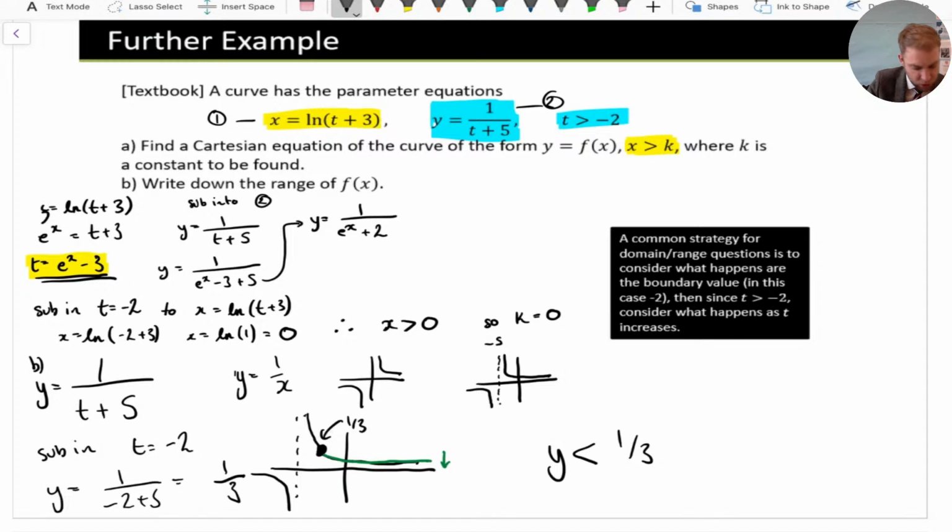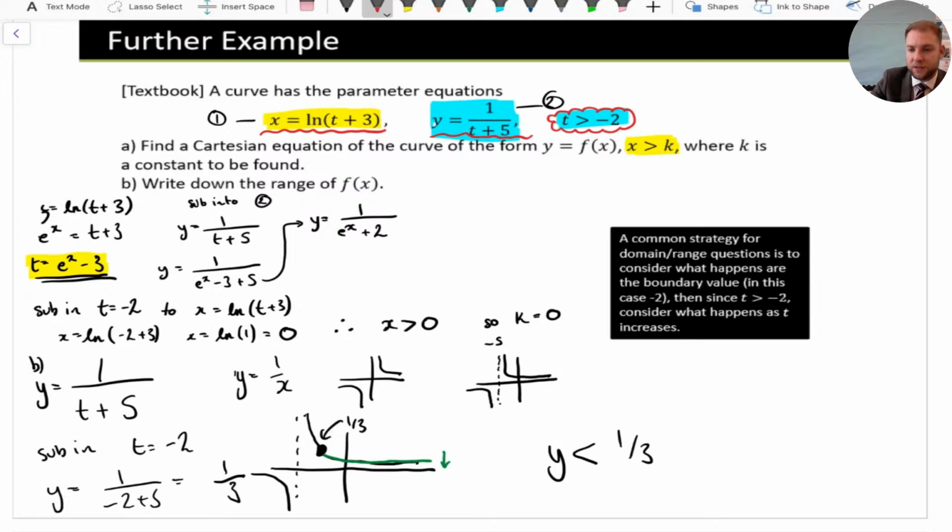So the reason that we substitute in the minus 2 is because this is what they're giving us as the domain for t, that t is greater than minus 2. Now remember, this is our limit for t, but your domain is the values which x can be, and your range are the values that y can be.